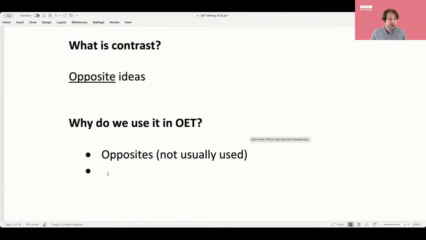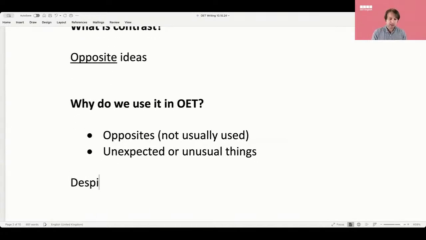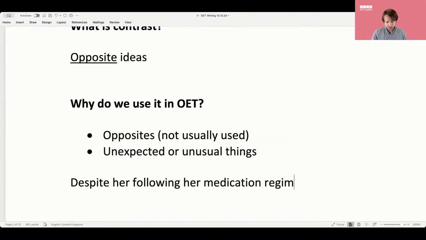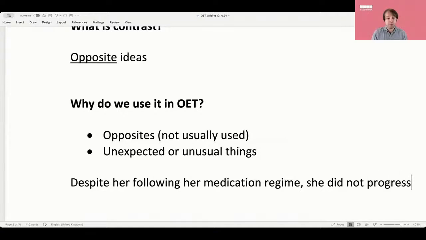We use contrast for unexpected or unusual things, right? For example, despite her following her medication regime, what's next? She did not lose weight. Progress, improvement, right?